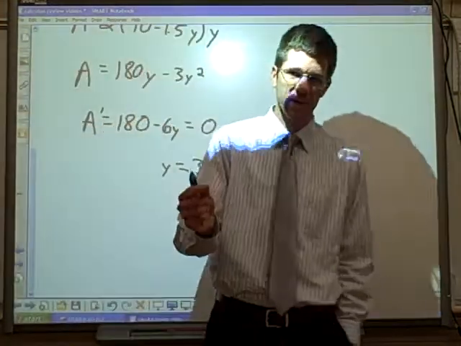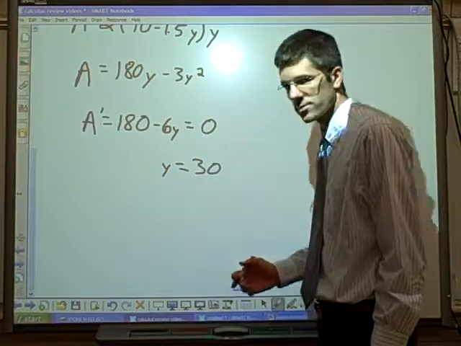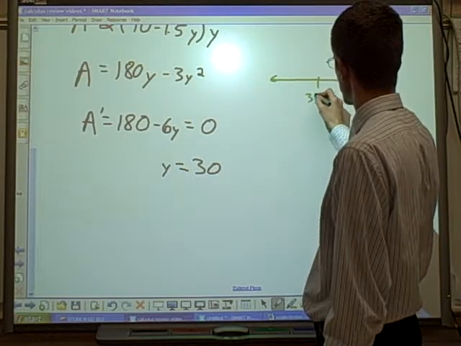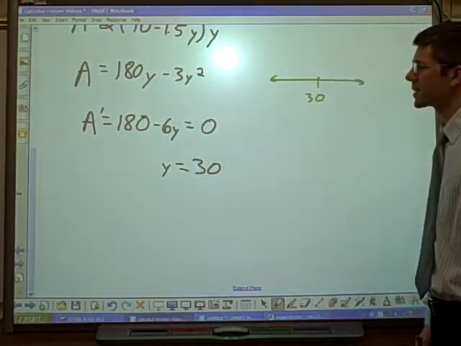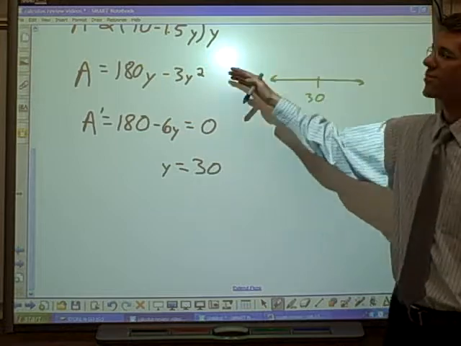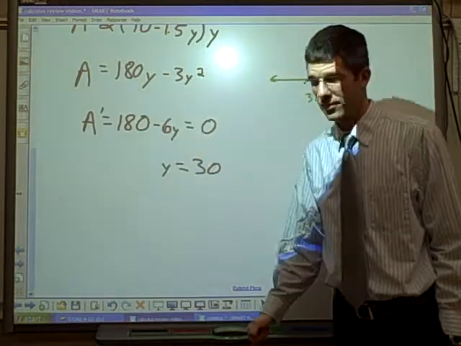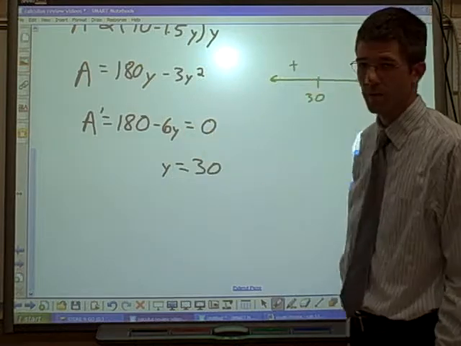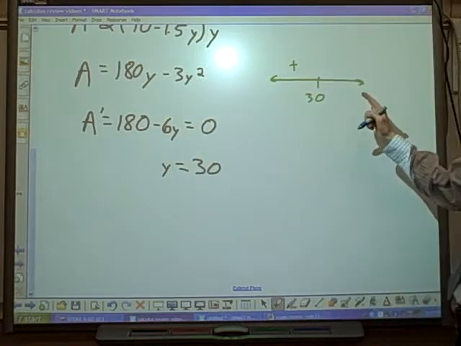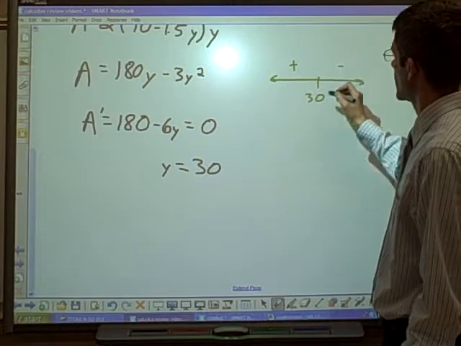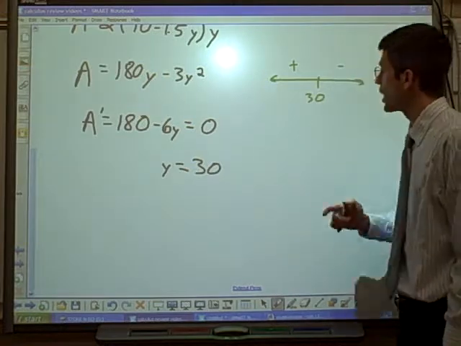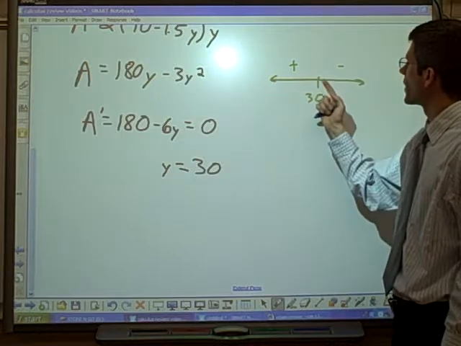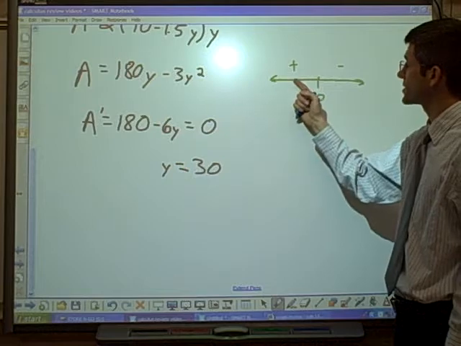Now, I'm going to pause this for a second. Let's make sure it is a maximum. Let's pull out some old stuff that you probably just did. Look familiar? 30. Let's pick a number this side of 30 and plug it into the derivative. If we plug in 0, we wind up with a positive. If we plug in a number bigger than 30, we wind up with a negative. The derivative is positive until we get to 30.